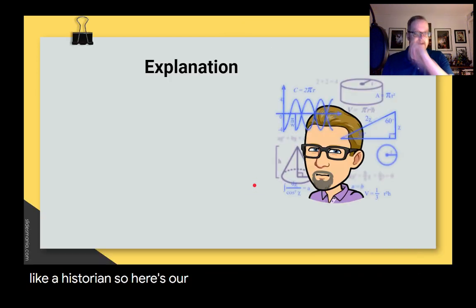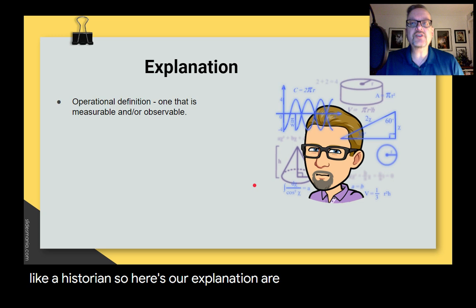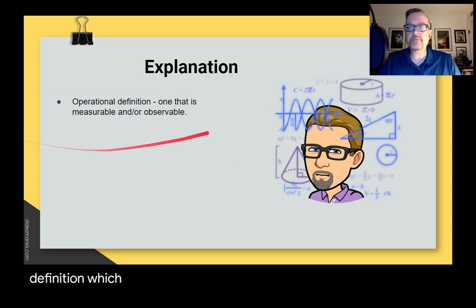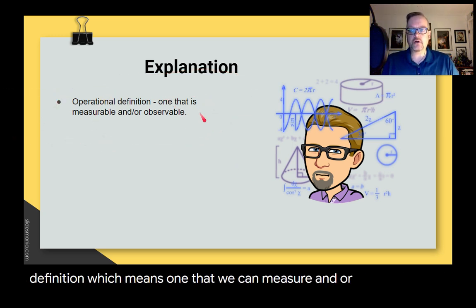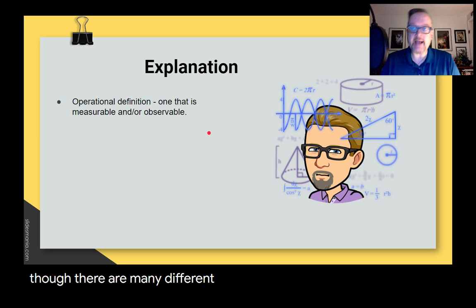So here's our explanation. Our explanation is an operational definition, which means one that we can measure and or observe. Though there are many different explanations for the term civilization, historians, as I've shared several times, have argued about this going all the way back to the 19th century.